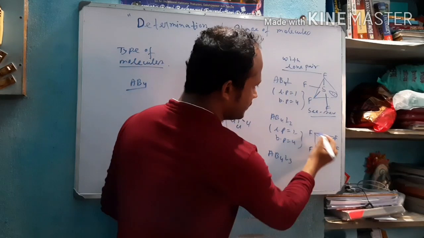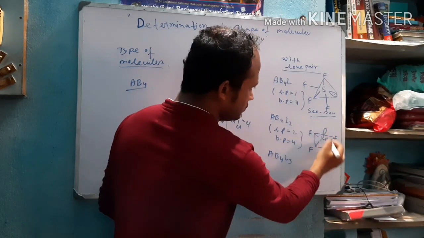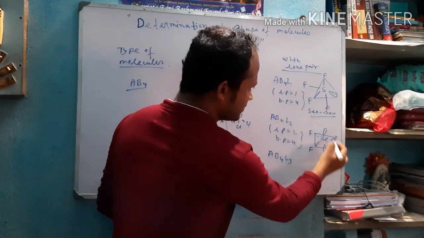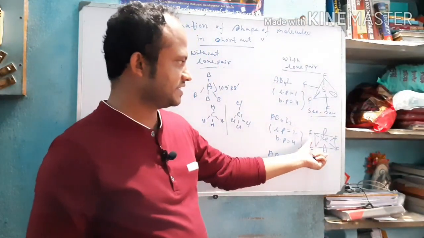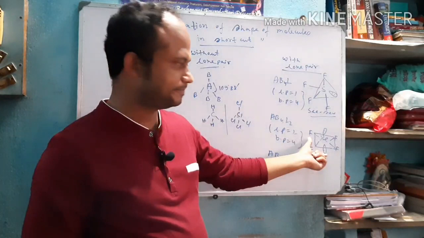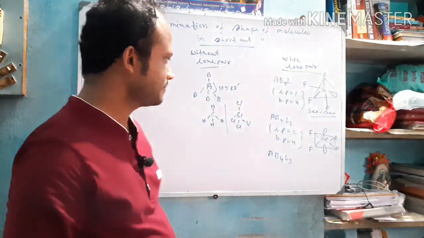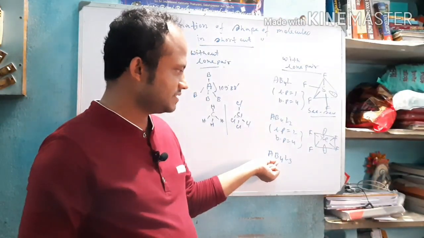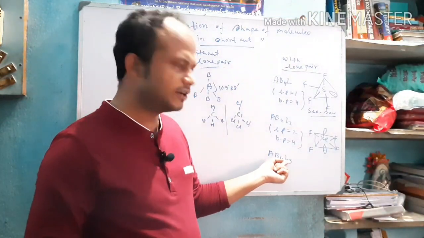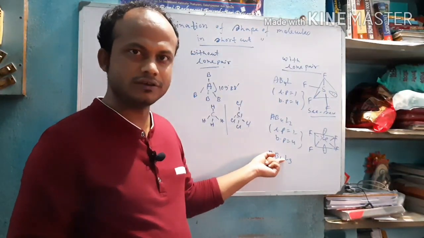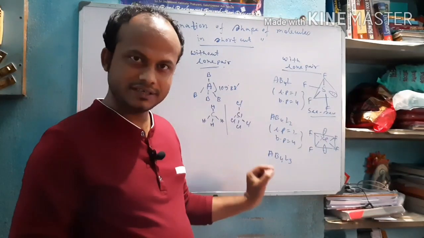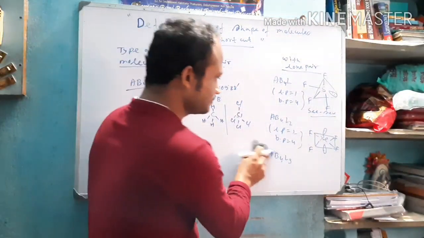These 4 fluorine belong to the plane. This is above the plane and this is below the plane. Here 2 lone pairs, and the structure name is square planar. Here justify this. Is it possible? 3 lone pairs, that is 3 times 2 is 6, and 4, 10. So this is not possible. Understand? This is not possible.